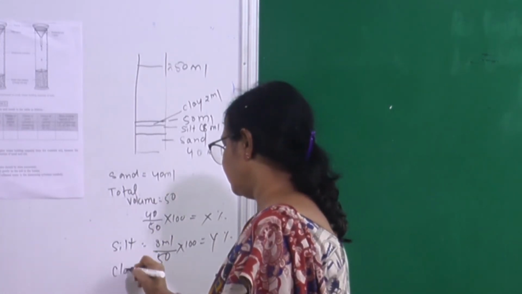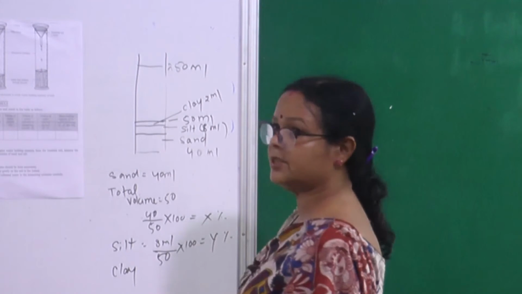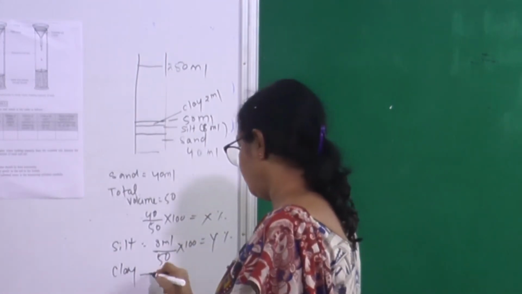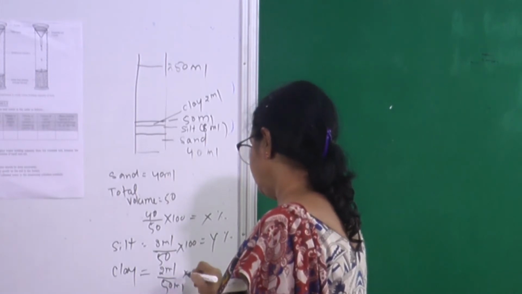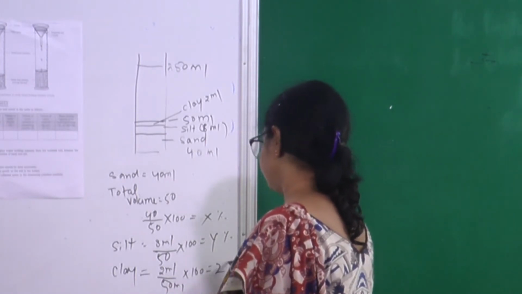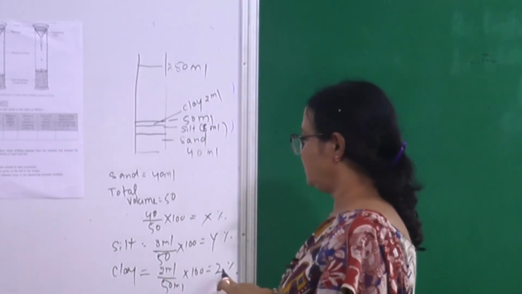Similarly, the topmost layer is clay, the finest particles, at 2 milliliter, so 2 divided by 50 into 100 gives Z, the percentage of clay.